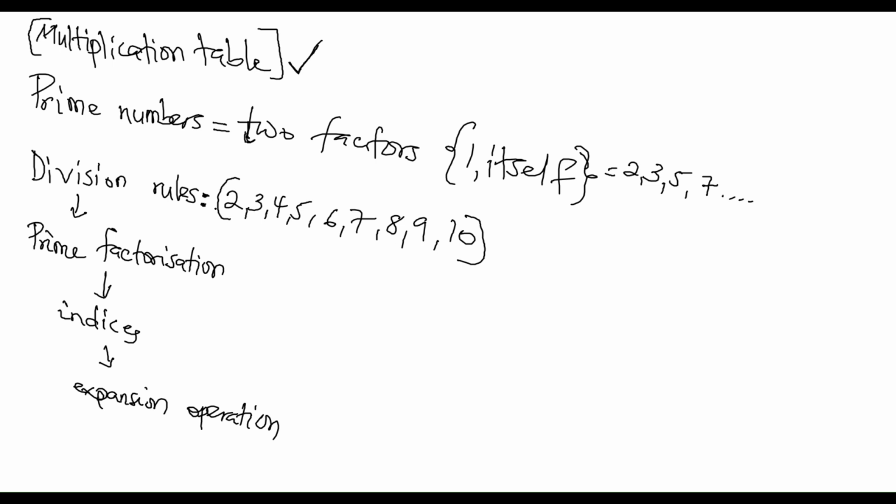The main thing we're going to focus on in this prerequisite section is the division rule. Division rules are methods or formulae or concepts that allow you to know whether a given number is divisible by 2, 3, 4, 5, 6, 7, 8, 9, or 10.